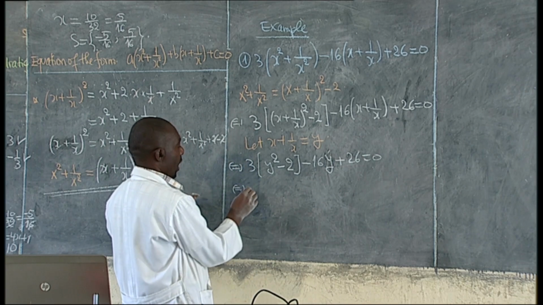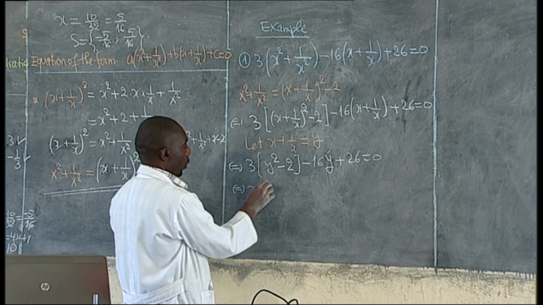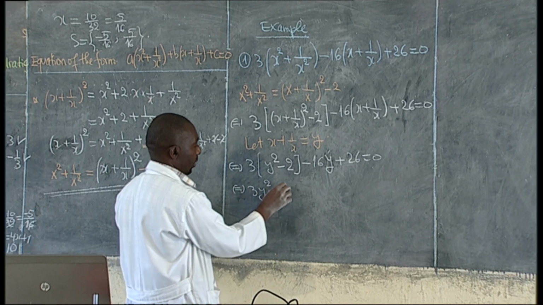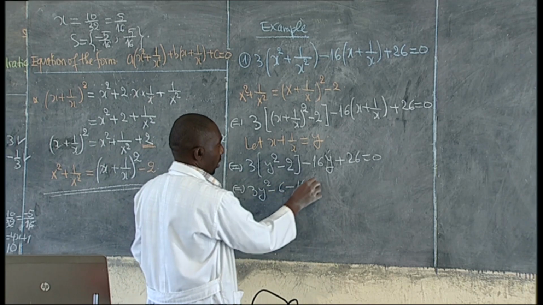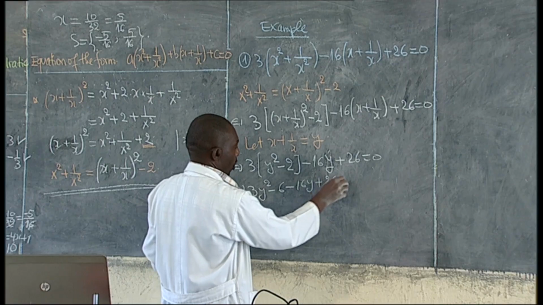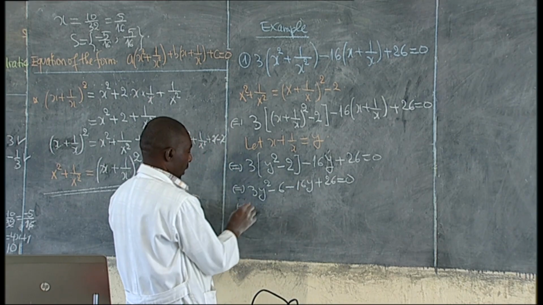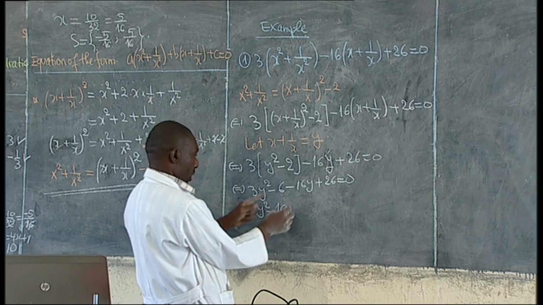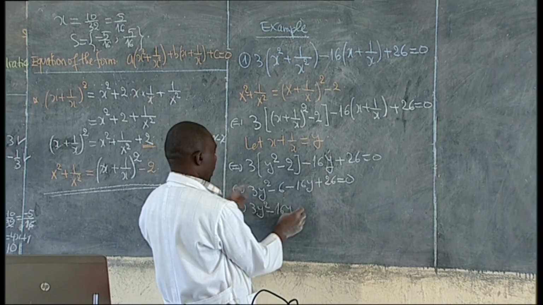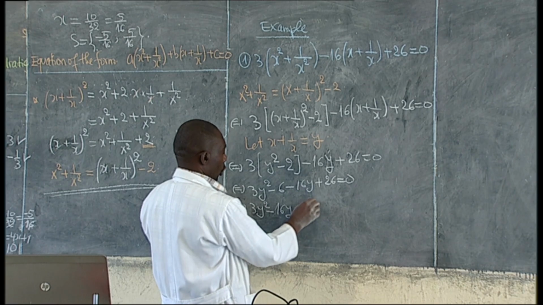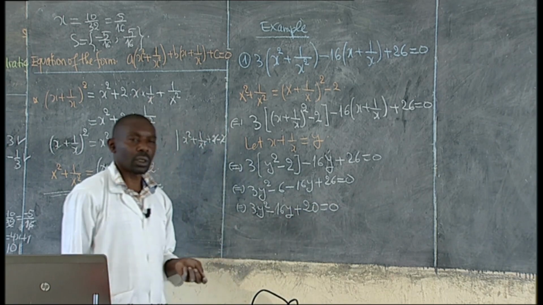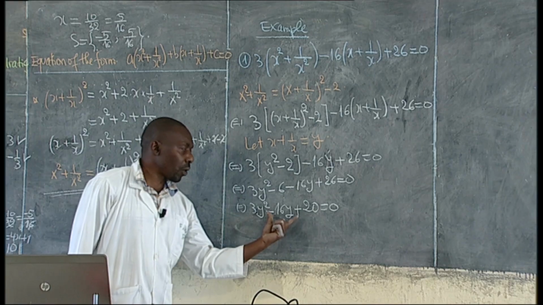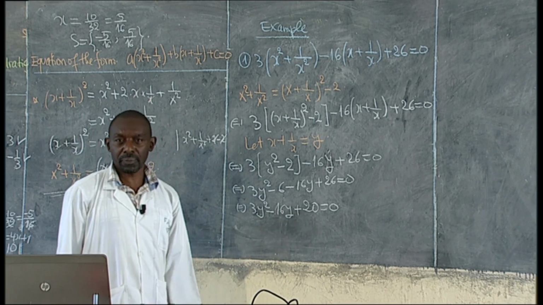When I expand this, I have 3y squared minus 6 minus 16y plus 26 equals 0. This is 3y squared minus 16y plus 20, because 26 minus 6 is 20. Already I have a quadratic equation in y.